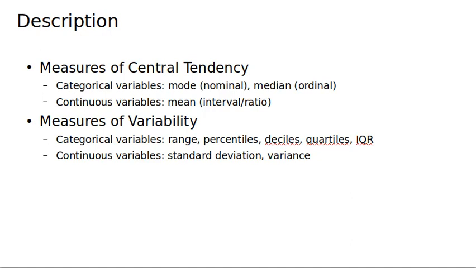And for variability, we learned about range, different ways of carving up a distribution that's ordinal or nominal. We could look at percentiles for nominal variables, but with ordinal we could look at deciles, quartiles. We learned about the interquartile range. And then with continuous variables, we learned about the standard deviation and the variance.